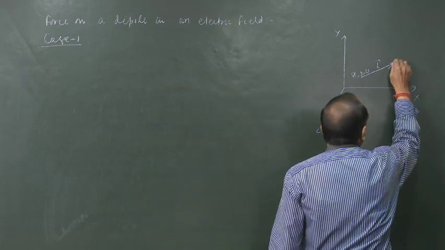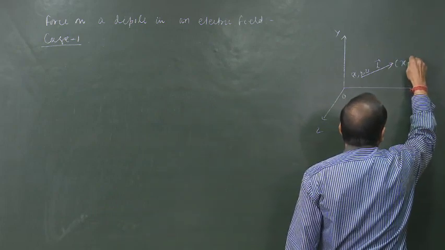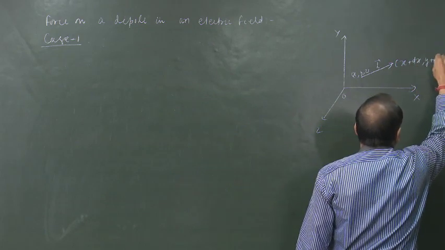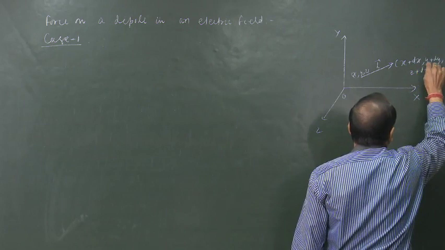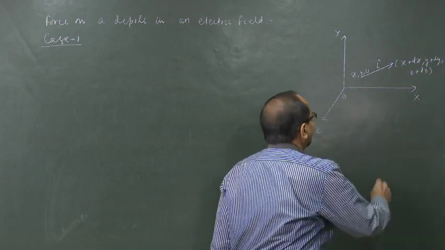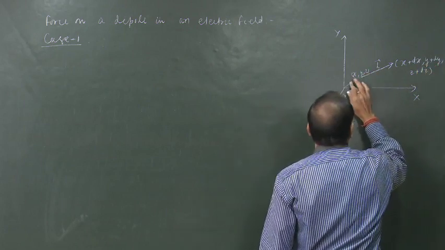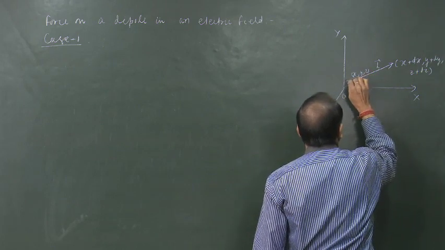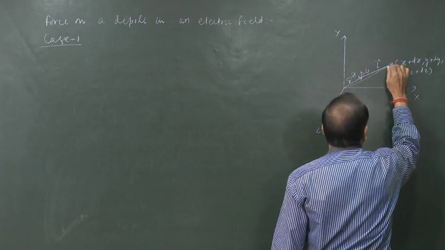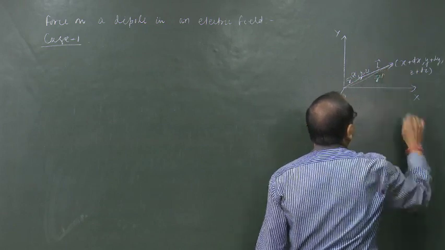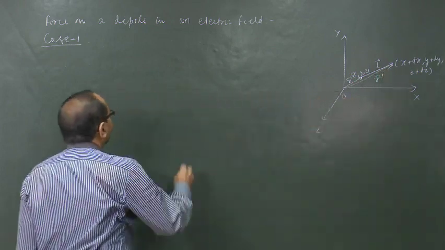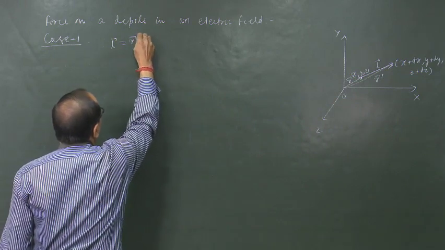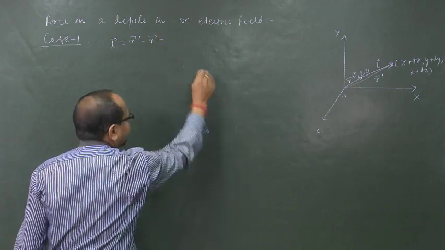So, this point has the coordinates x plus dx, y plus dy, and z plus dz. Let the position vector of this point be r, and the position vector of this point be r dash. So, the vector L is r dash vector minus r vector.